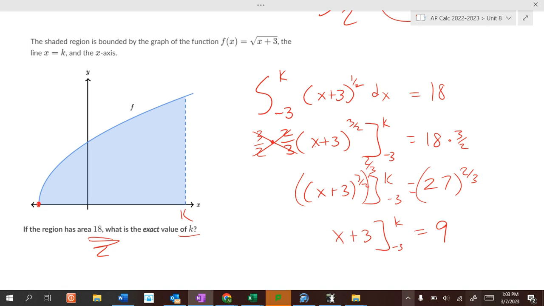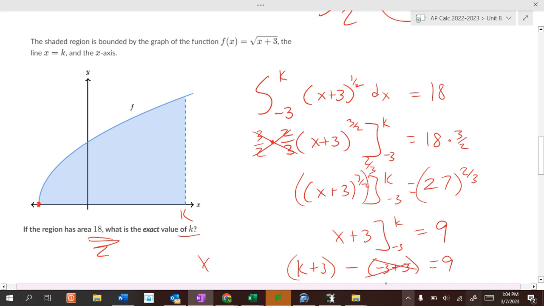So now if we plug them in, k plus 3 minus (-3 plus 3) should equal 9, correct? Plug this in, plug that in. Well, negative 3 plus 3 is 0, so that basically cancels. K plus 3 equals 9, so K equals 6.